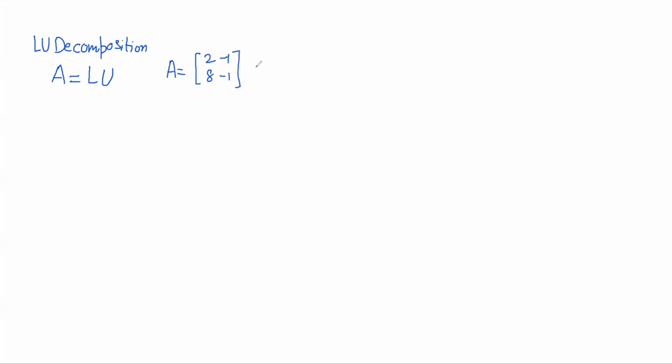We want to convert it into two matrices, L and U, and when those L and U are multiplied, we will get matrix A. So for this, we need to adopt an algorithm.